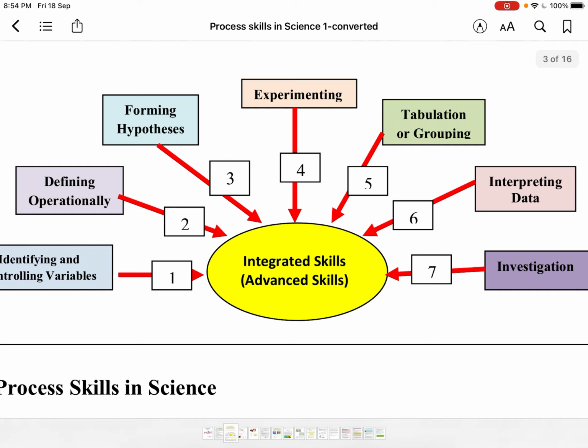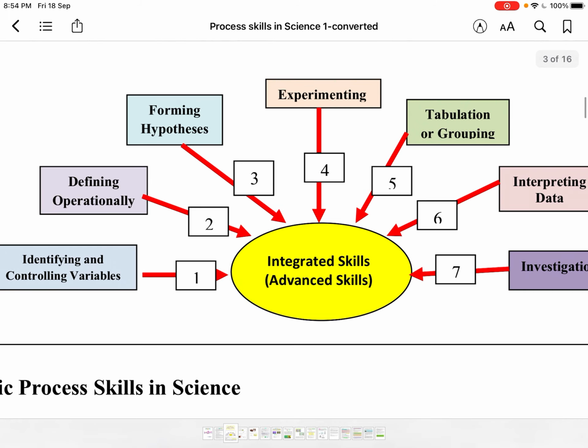Those skills we'll deal with in detail in another lesson. Here in a nutshell, you can see in this figure that there are mainly 7 types of integrated skills. First one is identifying and controlling the variables, but identifying the problem, the particular task which we are supposed to solve.